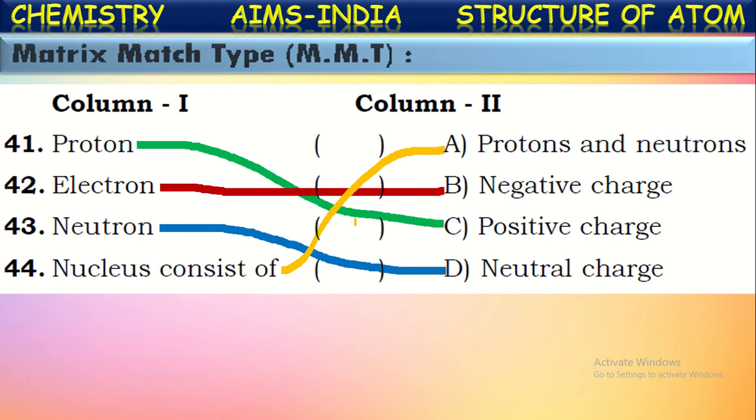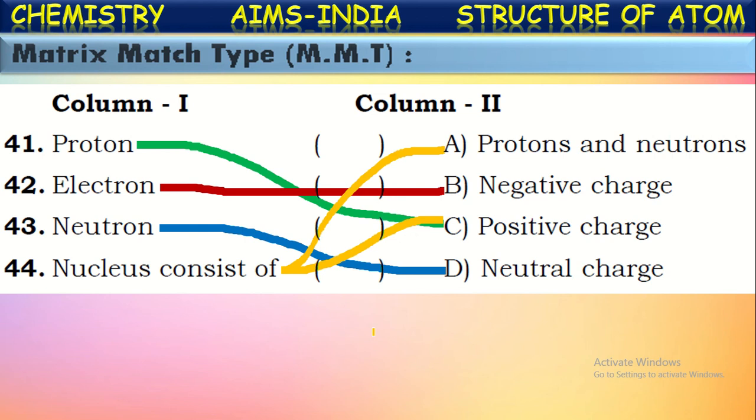So finally, the nucleus carries a total positive charge, which is because of protons. Okay, these are the matchings: protons positive charge, electrons negative charge, neutrons no charge or neutral. Nucleus consists of protons and neutrons, and it carries positive charge overall due to protons.